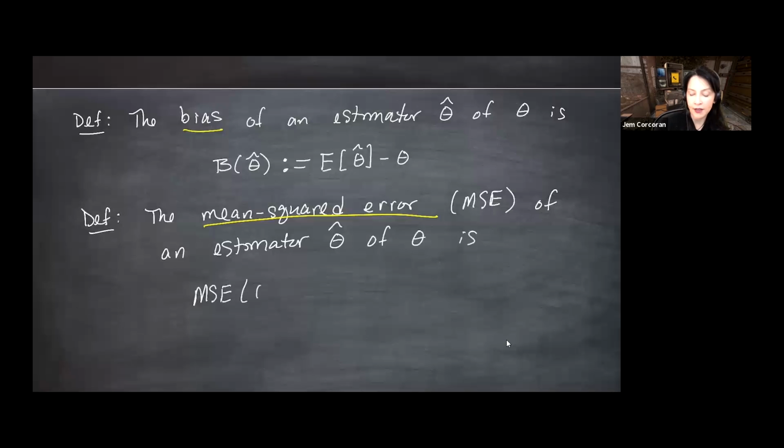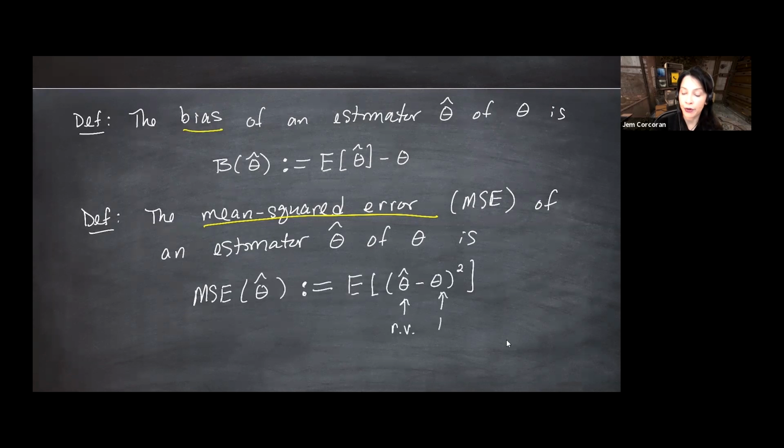It's a property of the estimator, so MSE of theta hat, and it's defined, that's what that colon is before the equal sign. It's defined to be the expected squared difference between the estimator and the thing you're trying to estimate. So again, this guy is a random variable, and this guy is a number.